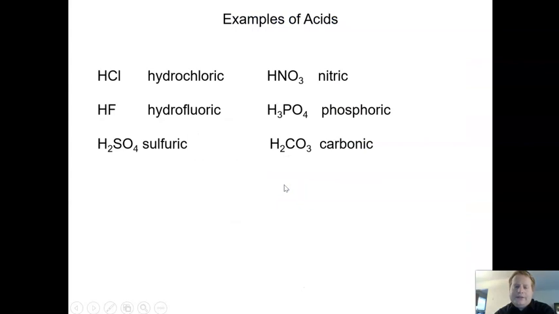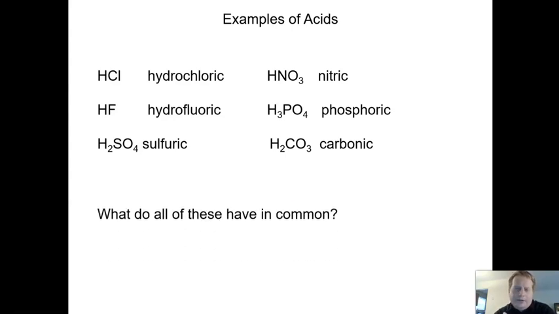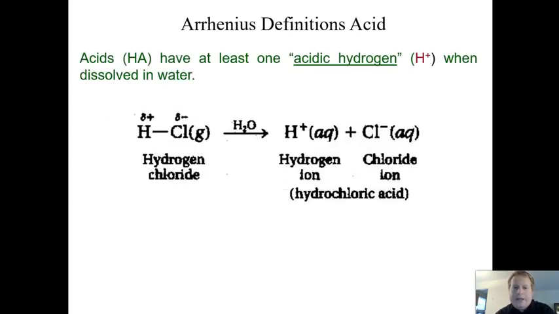So if we look at these examples of acids and their formulas, you probably start to see a pattern emerge, right? You probably realize that the pattern is that there's an H on the front. There was a scientist named Arrhenius, and he gave an initial definition of what he thought an acid was. In order for something to be an acid, it has to have at least one acidic hydrogen, an H+, when dissolved in water.